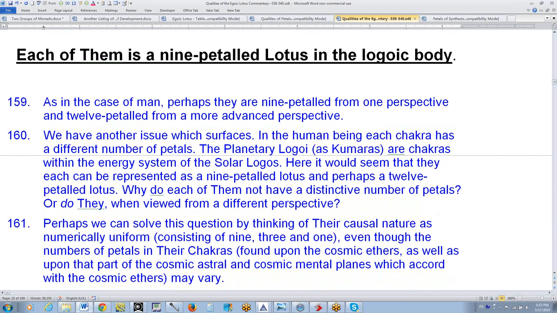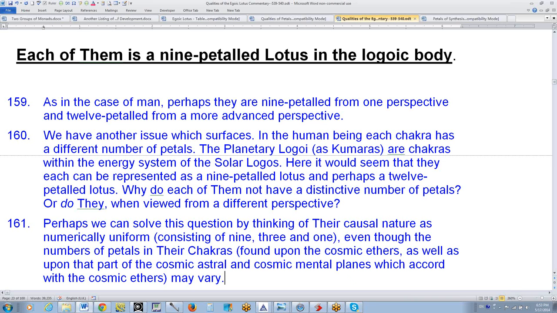So as is the case with man, perhaps they are 9-petaled from one perspective and 12-petaled from a more advanced perspective. And we have another issue which surfaces here. In the human being, each chakra has a different number of petals. The planetary logoi, as Kumaras, are chakras within the energy system of the solar Logos. So here it would seem that they each can be represented as a 9-petaled lotus, perhaps a 12-petaled lotus.